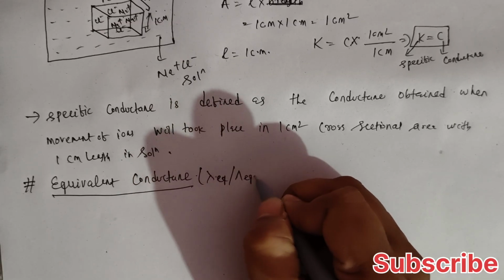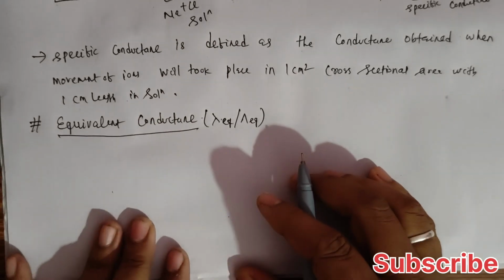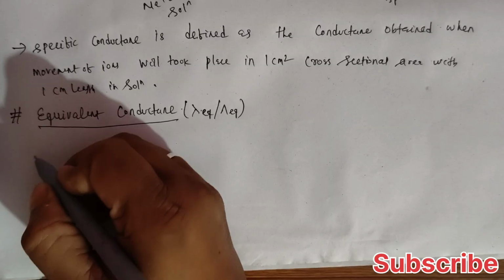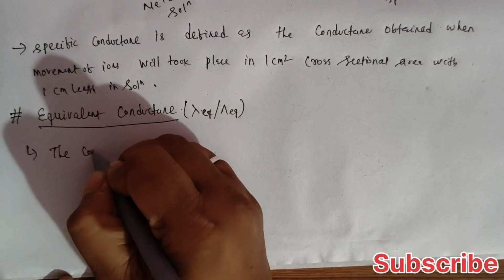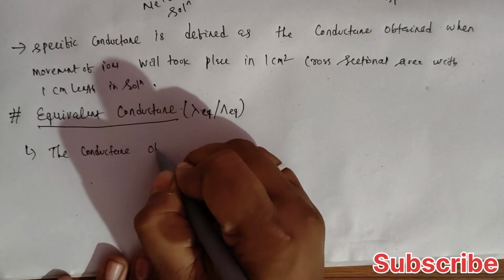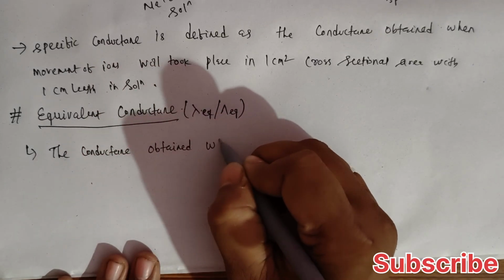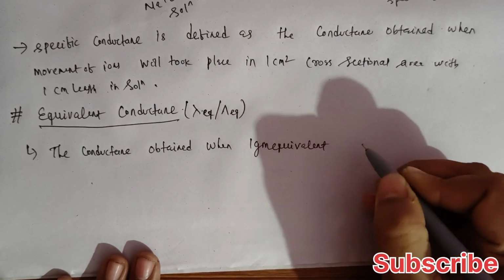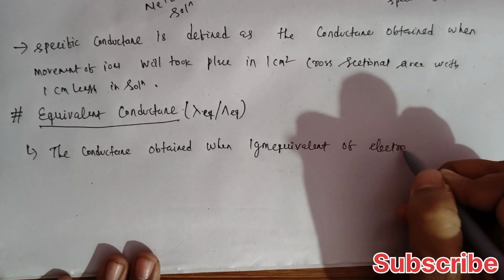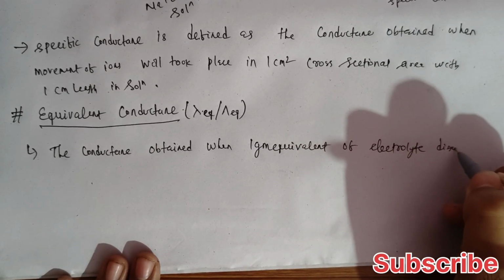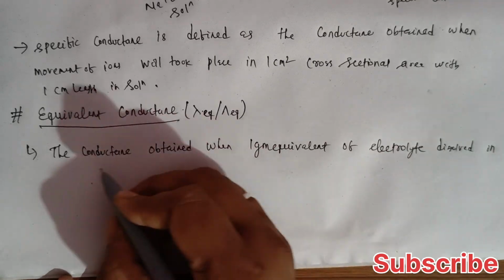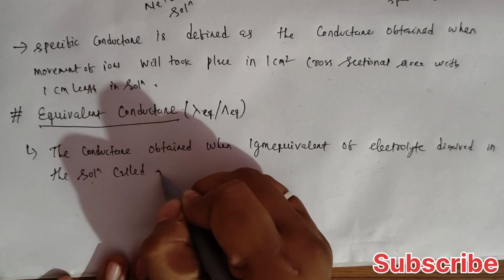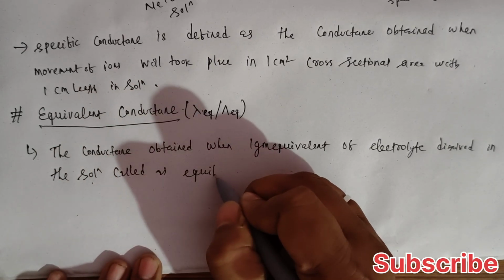Equivalent conductance is the conductance obtained when 1 gram equivalent of electrolyte is dissolved in the solution, called equivalent conductance.